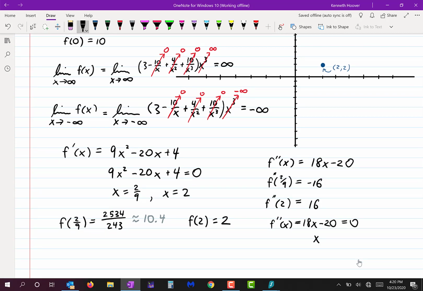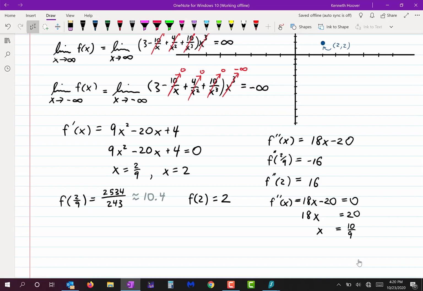It equals 0 when 18x is 20, which means x is 10/9, right? That's where the second derivative equals 0.